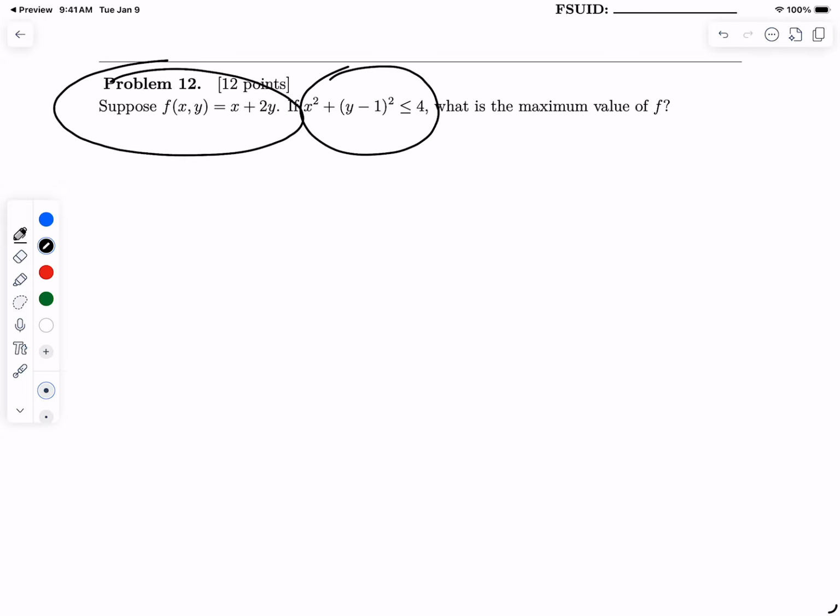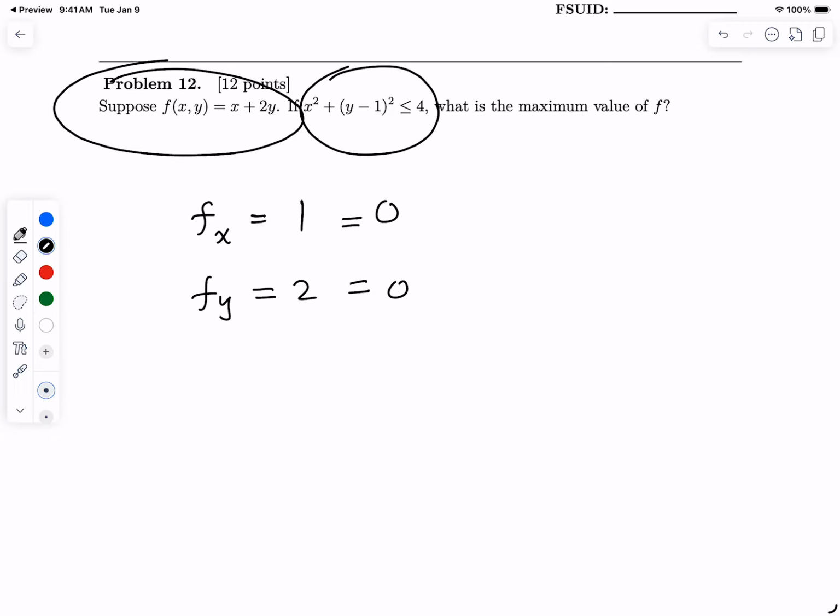Since this is an equality constraint, I'm doing this thing. First of all, I'm taking the derivative with respect to x and the derivative with respect to y and setting both equal to 0, and finding the values of x and y where the partial derivatives become 0. Is it possible?